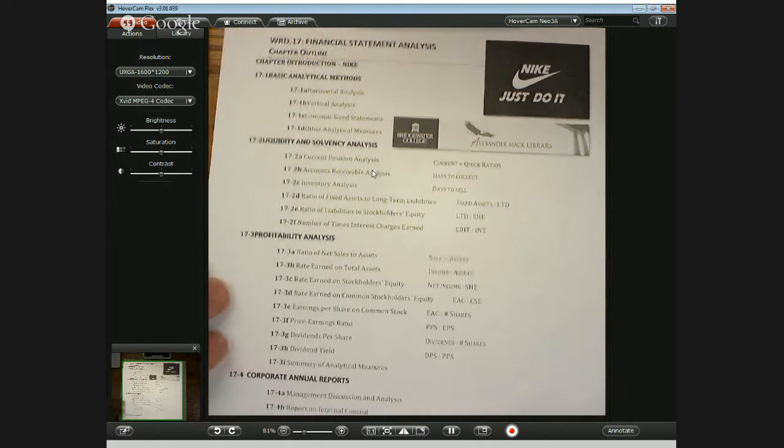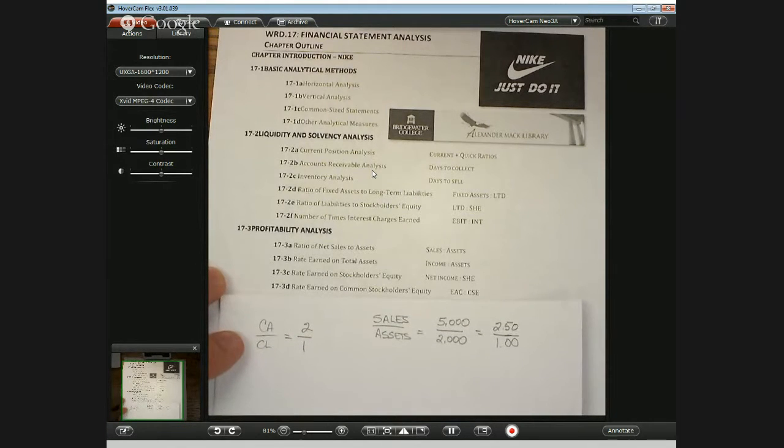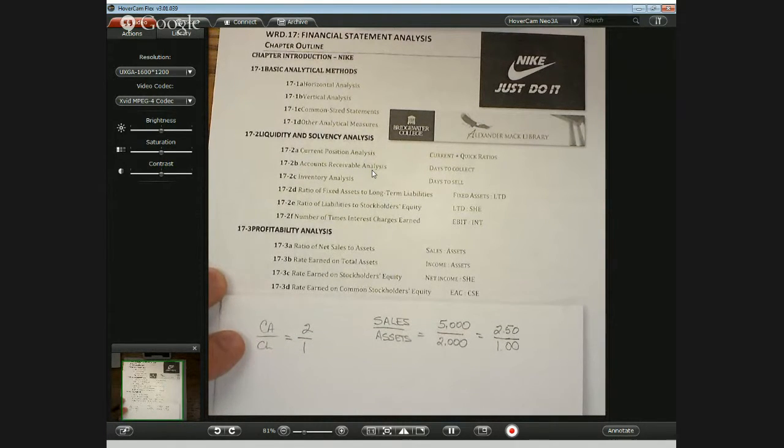And just to bring the point home one more time, let's take a look at the rate of return on shareholders' equity. The rate of return on shareholders' equity essentially is the earnings available for common that we talked about in Chapter 14 divided by the CSE, common shareholders' equity.